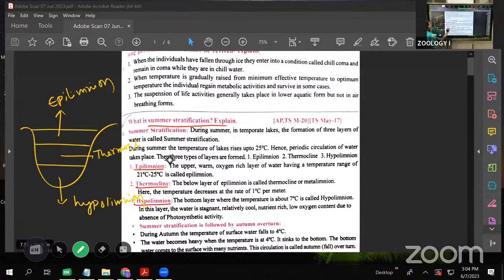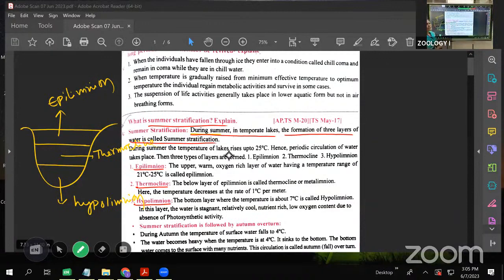Depending upon the temperature, in summer the lakes undergo stratification, meaning they undergo layer formation, that we call summer stratification. See this one. During summer, in temperate lakes, the formation of three layers of water is called summer stratification.